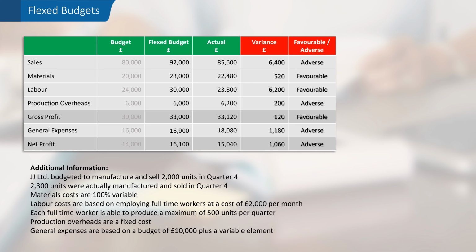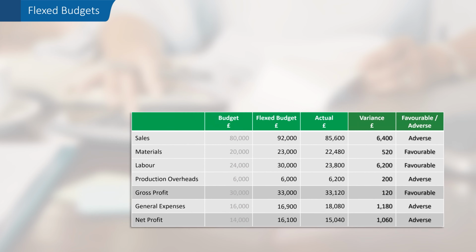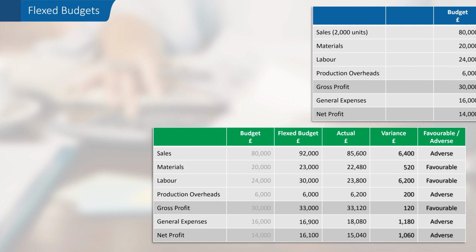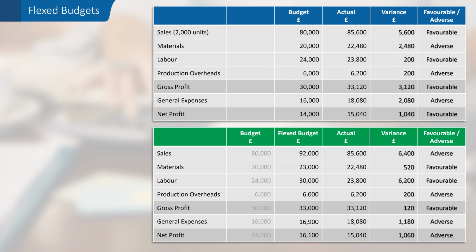But this time we've calculated the difference between the actual costs and the new flexed budget. Let's compare this with the original variances we calculated before we flexed the budget. Initially, we compared the actual results to a budget with a completely different level of activity, which gave the impression that the business had performed well over the period.